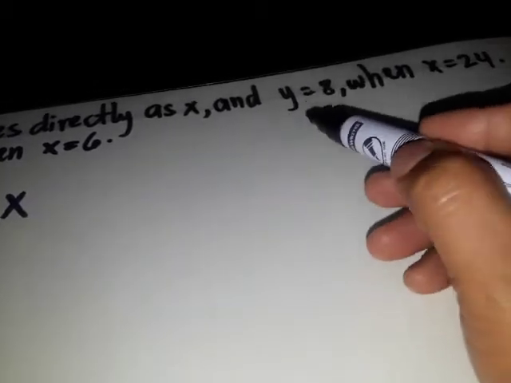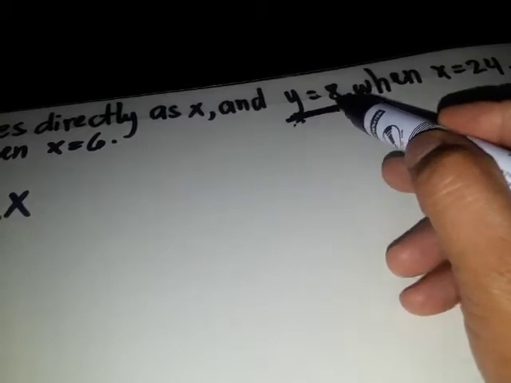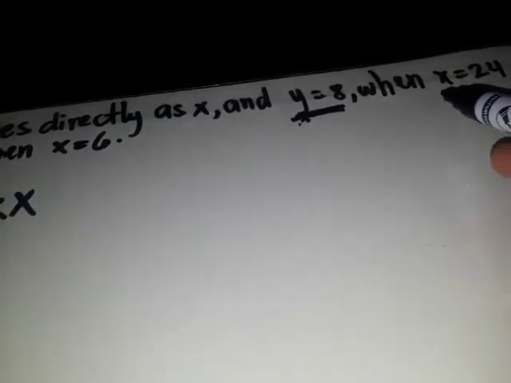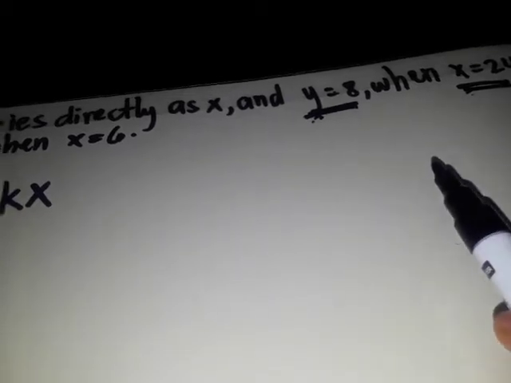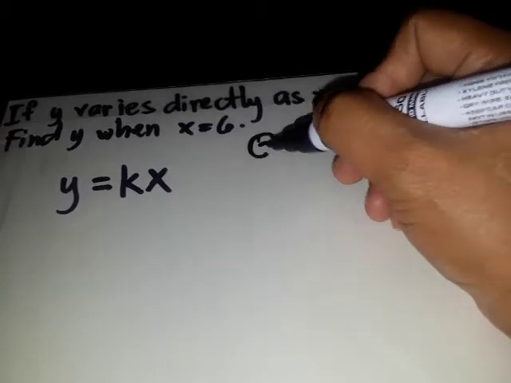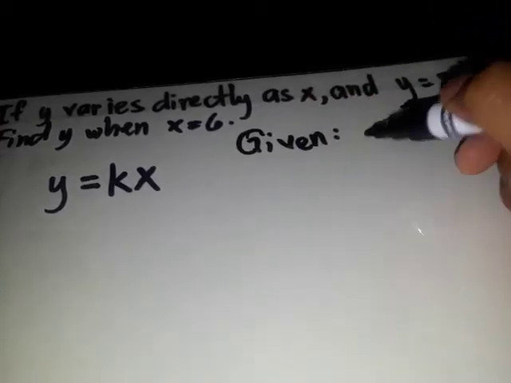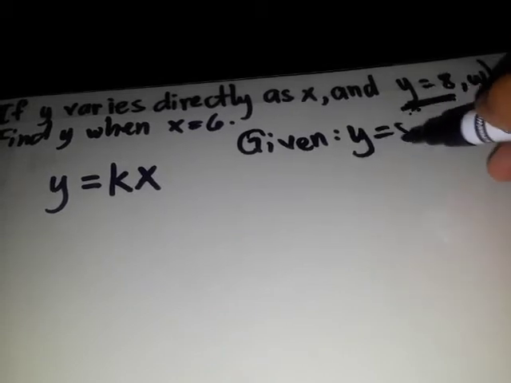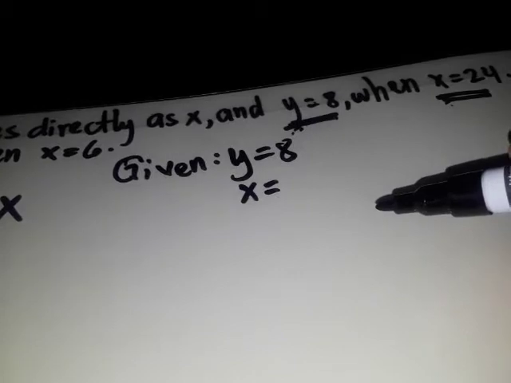So we have y is equal to 8 and x is equal to 24. I-substitute lang muna natin yan sa ating ginawang equation. So isulat natin ang mga given. Given y is equal to 8, x is equal to 24.